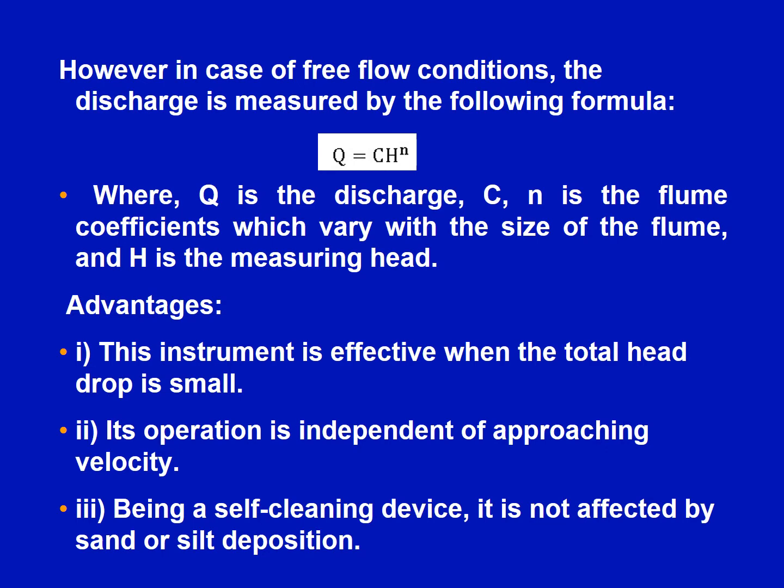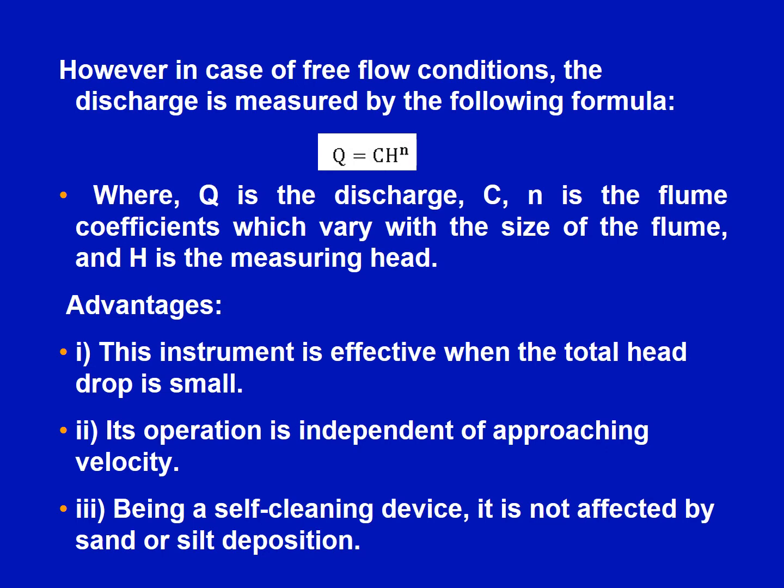We have to do lots of practical tests, 10, 50, 100, by which we can find the values of C and n for a particular throat. Once we know C and n, they are constant for a flume at a location, and we can measure the discharge by just knowing the height.